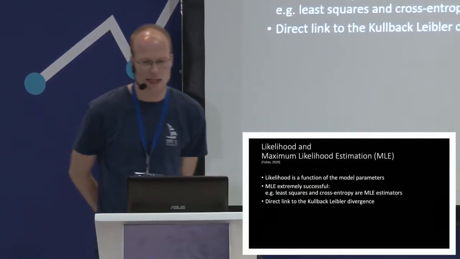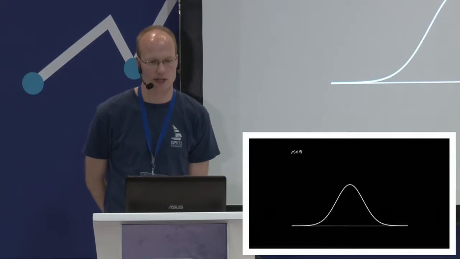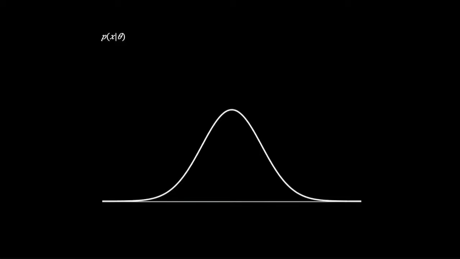So what's the likelihood function? Here's a graphical picture. We have a model, X given theta, where X is our observation. Theta is our parameter, so this would be mean and variance, for example. We can modify these parameters and we would get these different distributions, right?